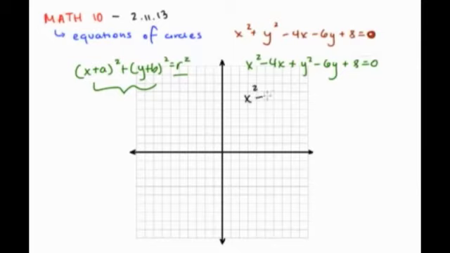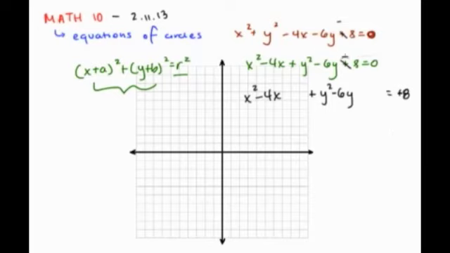So if we leave some space here, x squared minus 4x and then plus y squared minus 6y, and then leave some space and bring negative, wait, was it minus 8 here? I believe this was minus 8, but I'll probably be corrected as we go along.